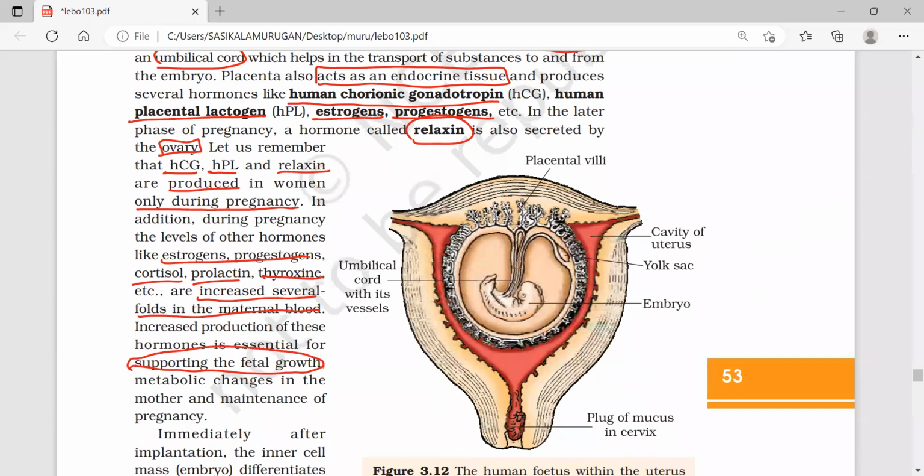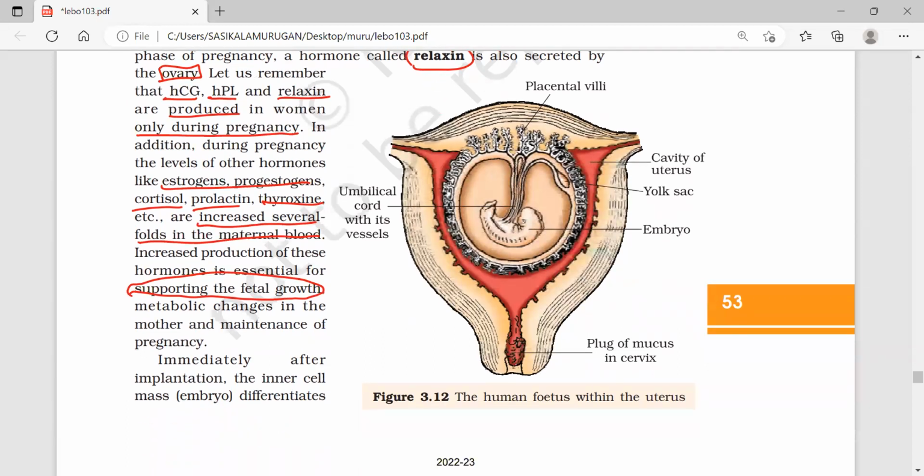Fetal growth requires not only human chorionic gonadotropin and human placental lactogen, but also other hormones, for example prolactin, thyroxine, and cortisol. These bring about the metabolic changes in the mother and the maintenance of pregnancy.